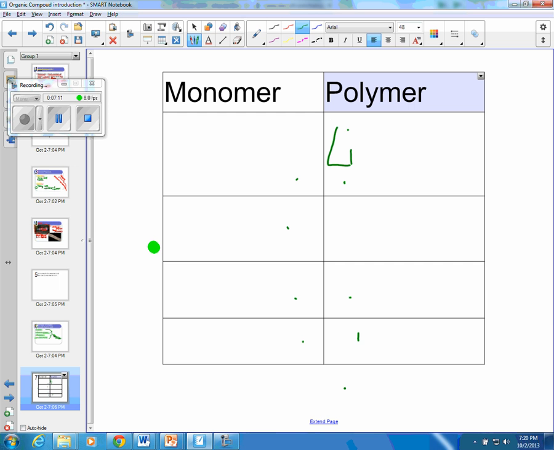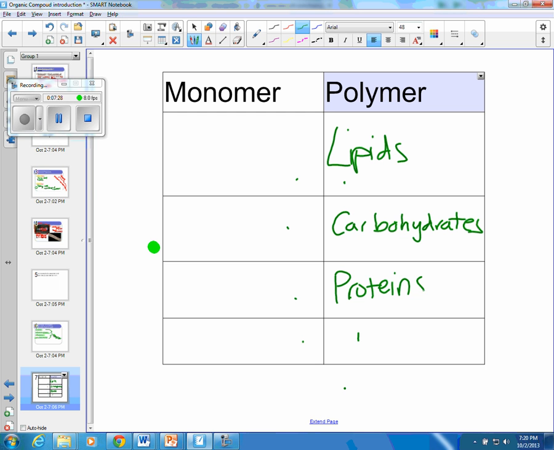We have lipids. Okay? We have carbohydrates. We have proteins. And we have nucleic acids. Over the next few weeks, we're going to be learning in detail about each one of these groups.